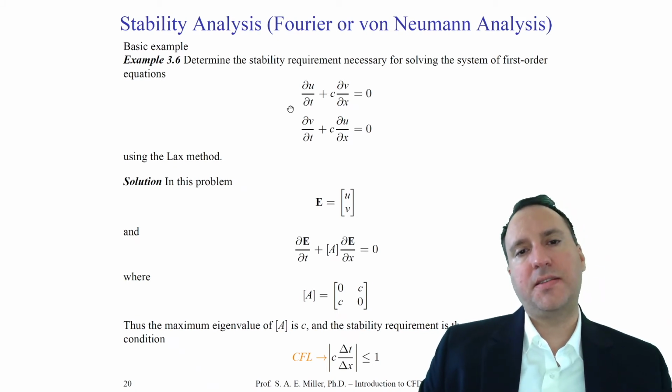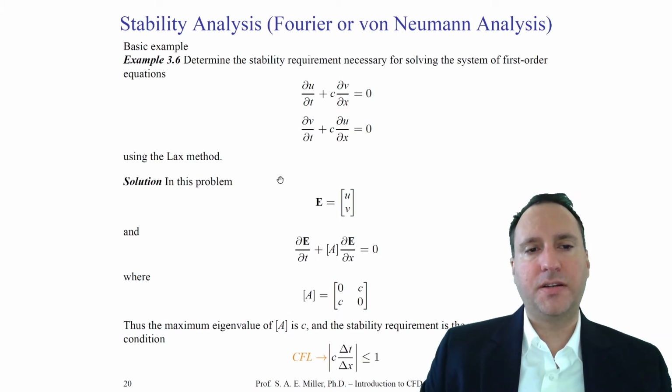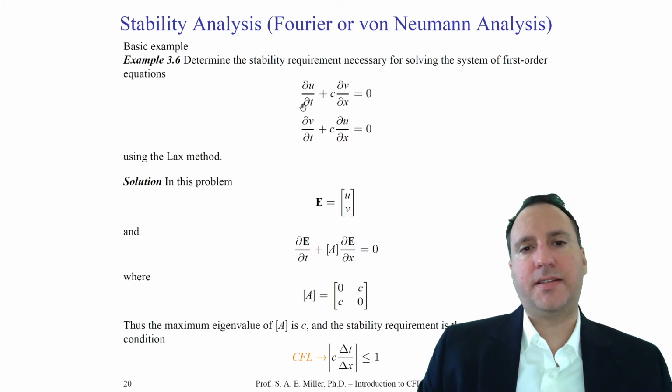Now, let's just concisely follow the previous steps to solidify them in your mind. First, in this problem, we'll set a solution vector E as u and v. Why? Because the unknown variables are u and v, which appear in the time derivative operator. Now we can rewrite these two linear partial differential equations in a vector form.